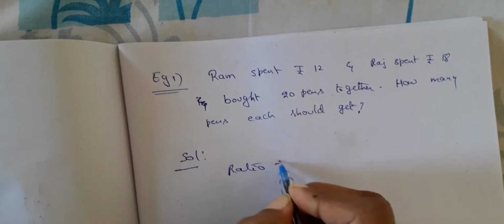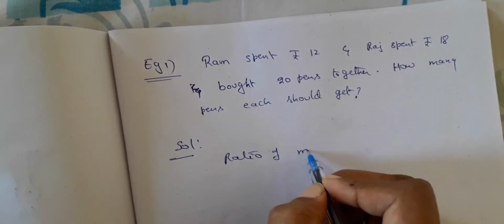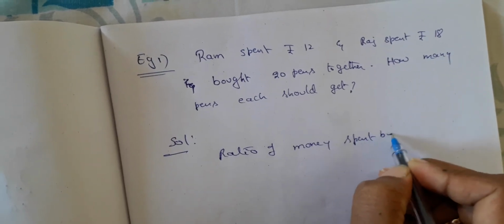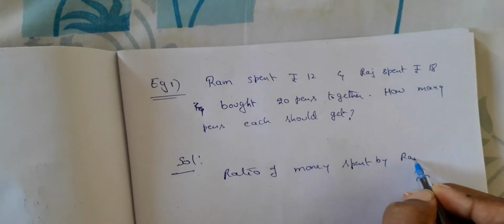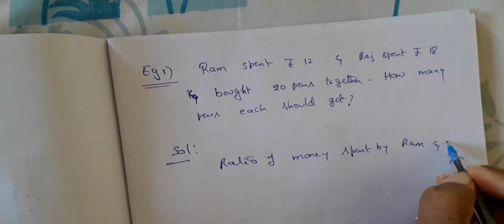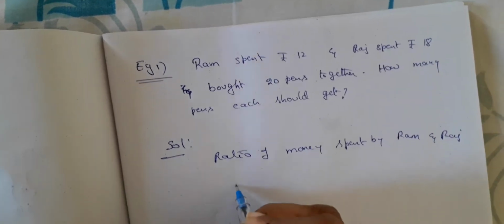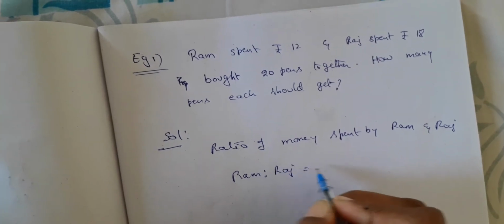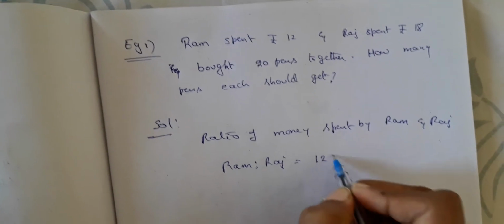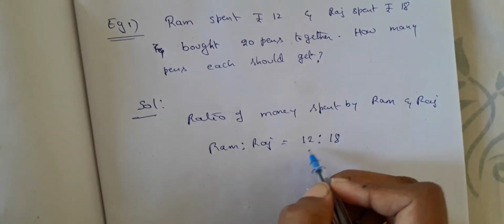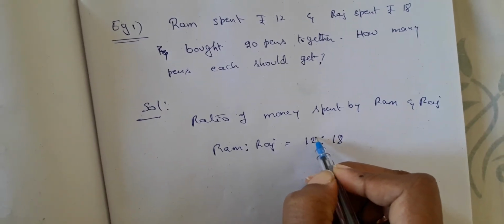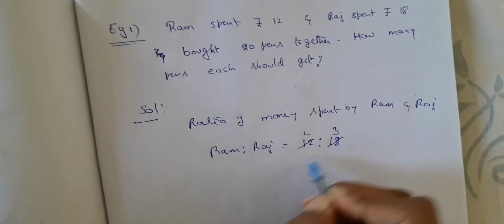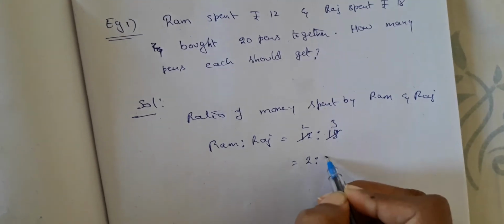Ratio of money spent by Ram and Raj. Ram is to Raj is equal to 12 is to 18. Now I am doing it directly here. I hope you can understand it. 6 2s are 12, 6 3s are 18. So it is in the 2 is to 3 ratio.